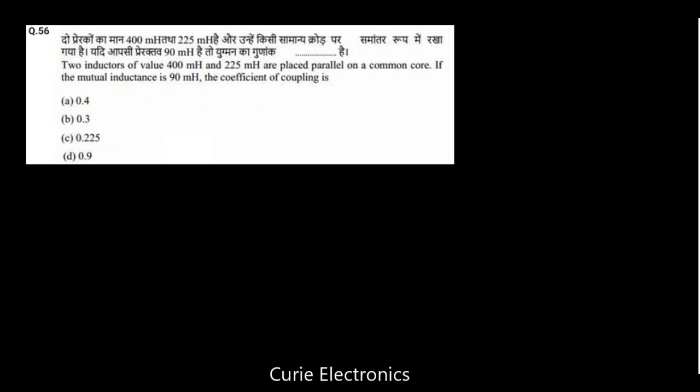Question number 56. Two inductors of value 400 millihenry and 225 millihenry are placed in parallel on a common core. If the mutual inductance is 90 millihenry, the coefficient of coupling is? Coefficient of coupling is given by mutual inductance upon square root of L1 times L2.